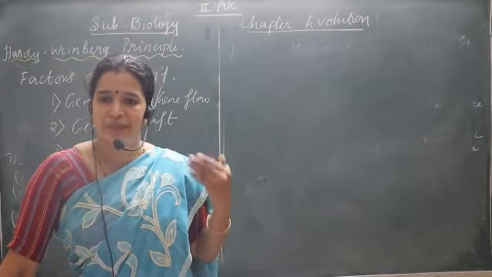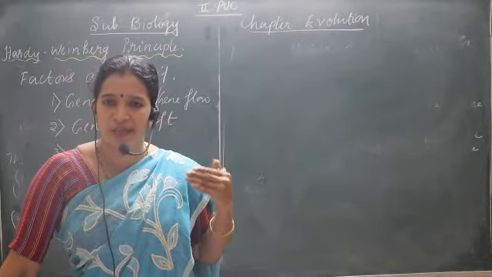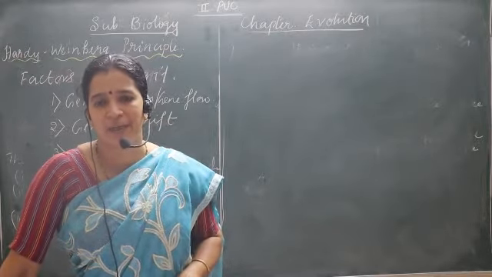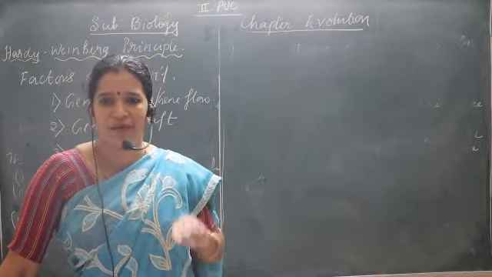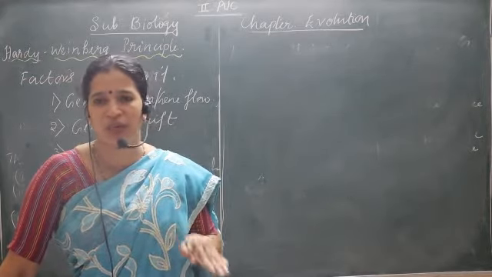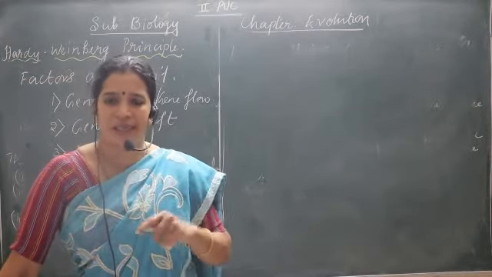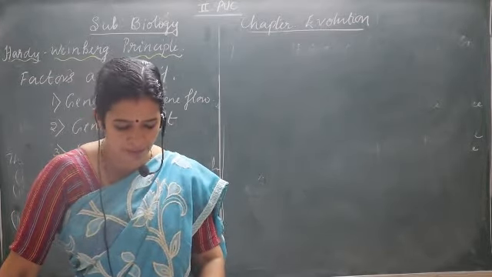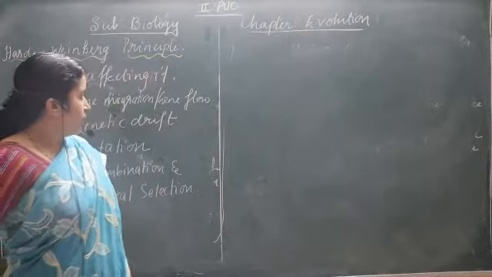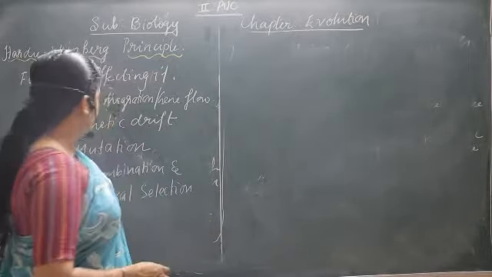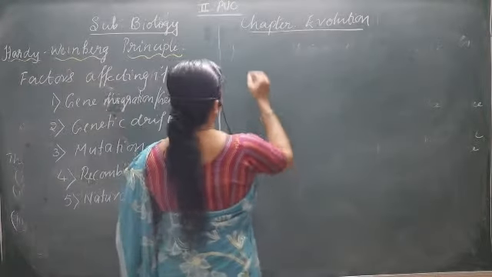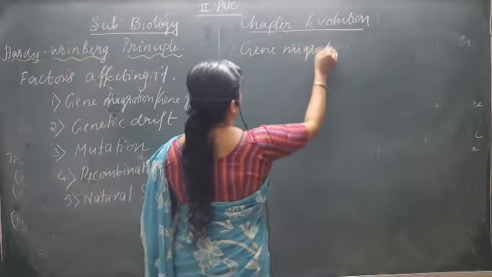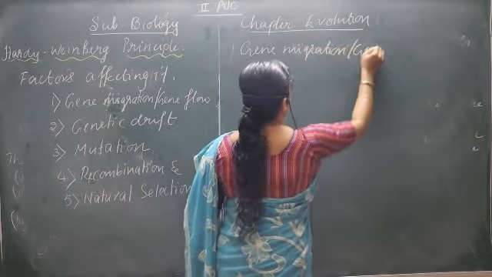This affects the frequency of alleles in that particular population. If migration occurs in a particular population, then the equilibrium cannot be maintained. So this will affect the equilibrium of the frequencies. So the first one is gene migration, or also gene flow.